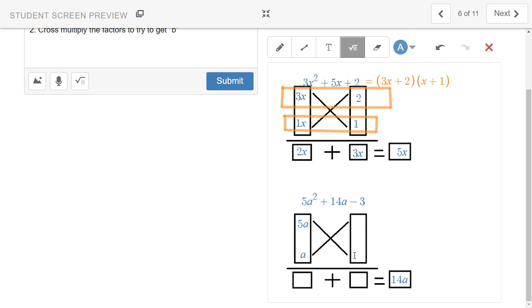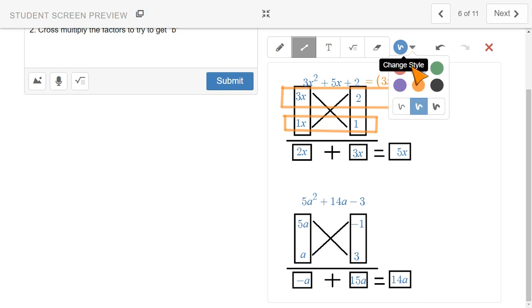Let's try another combination. Let's say I had the 3 here and the 1 here. I need also a negative 1 because this is a negative 3. I would now have negative a and 15a. So this does add up to 14a.